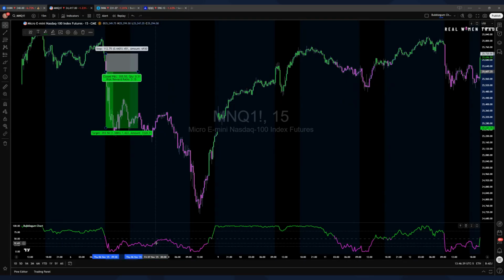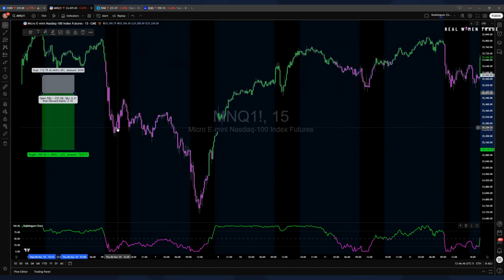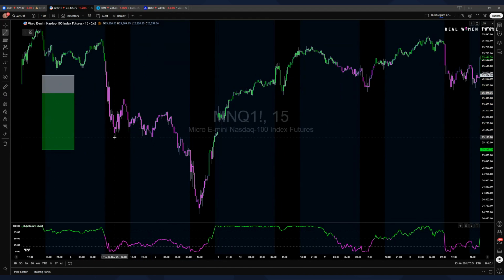The bubble flow remains pink, but as you can see, it's moving back up towards the 50. So what you could do is draw a trend line. If you wanted to get in short here, you could have taken a scalp.